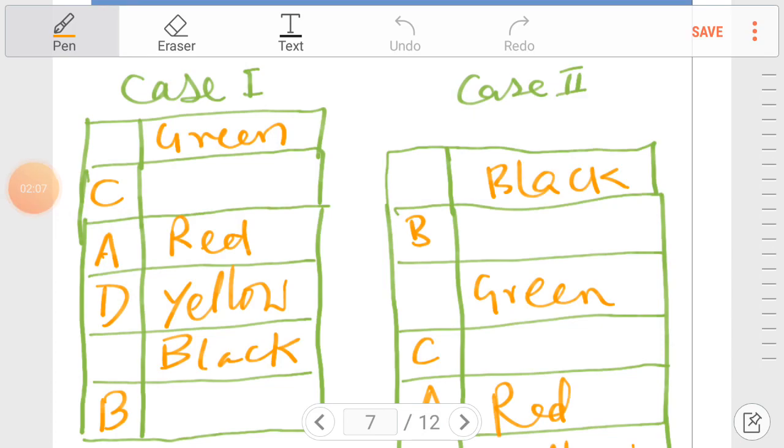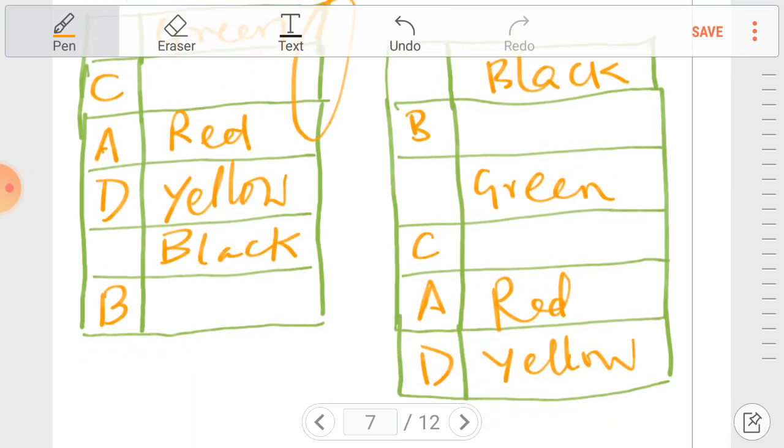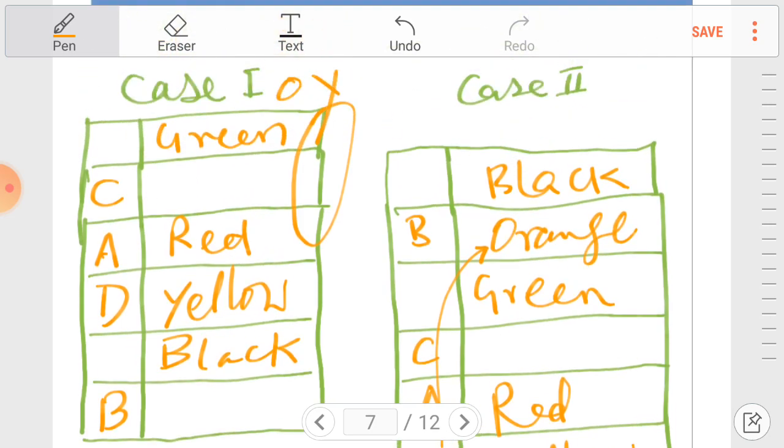In case 1, above D there are only 3 boxes, so orange cannot be filled above green, so case 1 is not valid. And in case 2, above 3 boxes from D there is an orange box, so it is valid. Case 2 is valid for this statement.